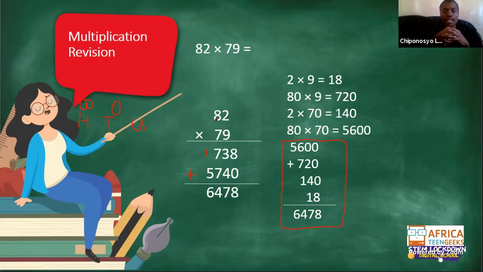It always finds a place in the whole sum, because remember that it's 82 times 79. Whenever you're multiplying, you're not just an 8, you are 82.